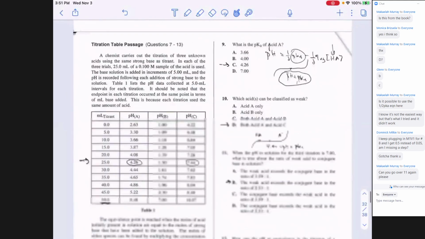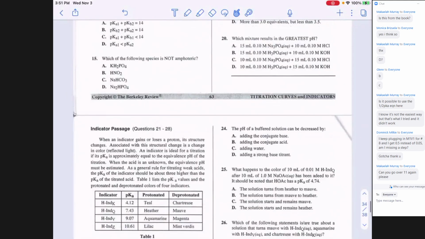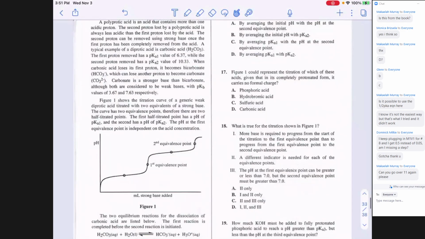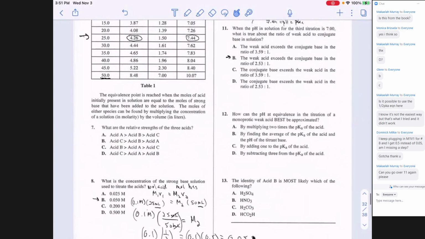So they're saying for this passage, you can find the average of the pKa of the acid and the pH of the titrant to find the equivalence point.